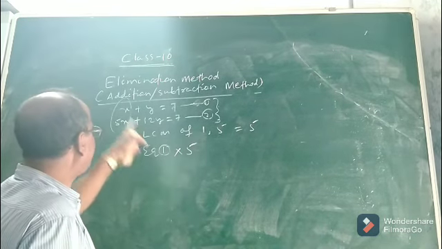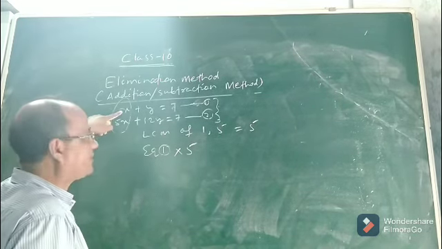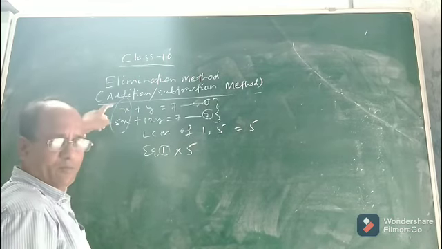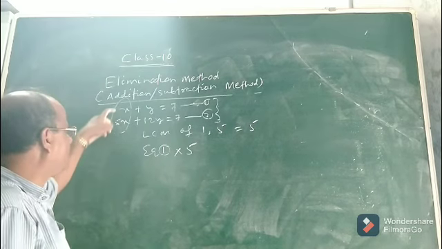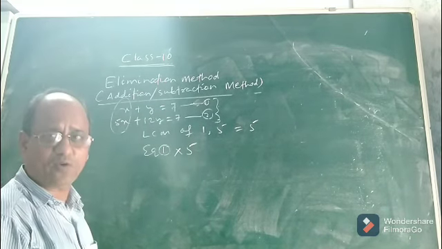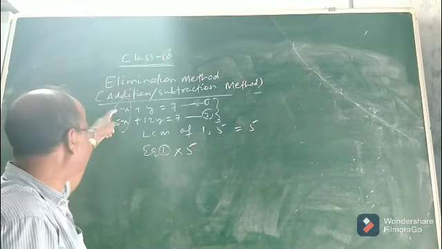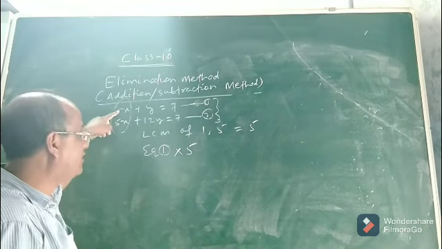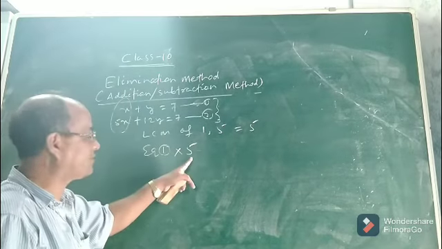Because if you multiply equation 1 by 5, then only the coefficient of x will be the same in both the equations.